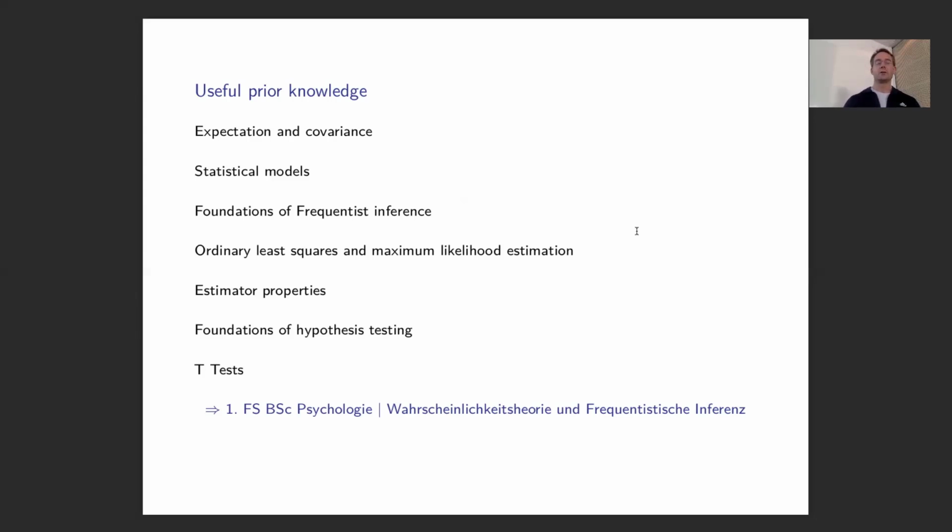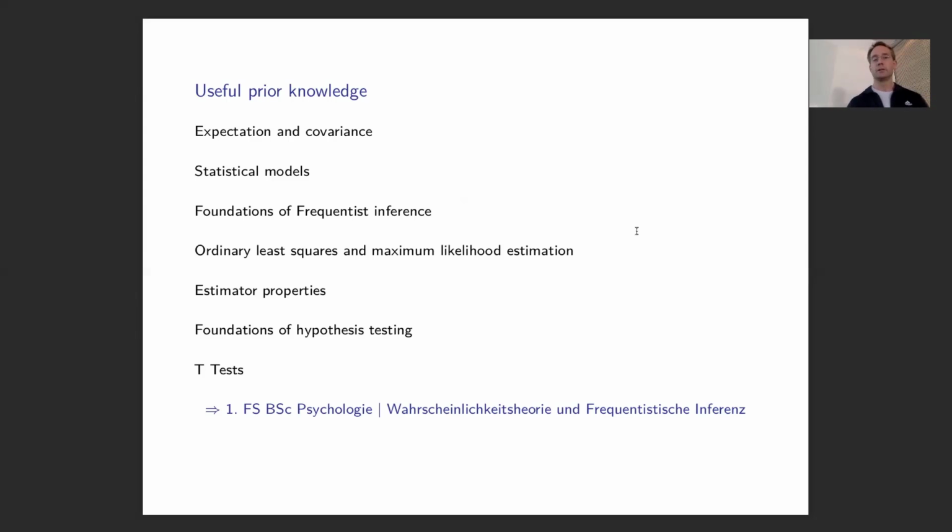But it also requires a little bit of previous knowledge. So of course it helps to know what expectation and covariance are, what statistical models are, how frequentist inference works in general, so what the basic assumption about how frequentism works is. We will, of course, discuss the estimation of the GLM after we formulated it.